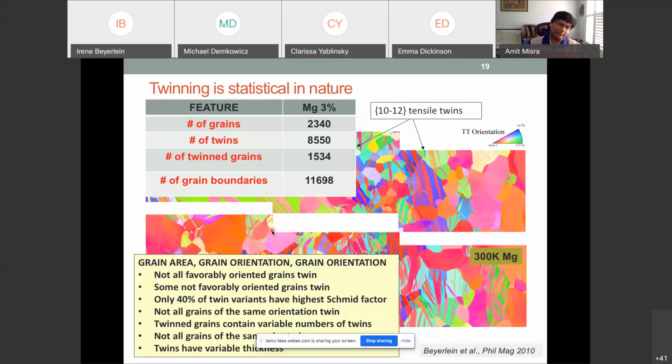Many grains that we would think never would twin because their orientation was so poorly oriented for twinning contained a lot of twins. The variant selection criteria was based solely on just a projection of the load onto the twin plane, and so the highest Schmidt factor twin would be the one expected to form within a grain.